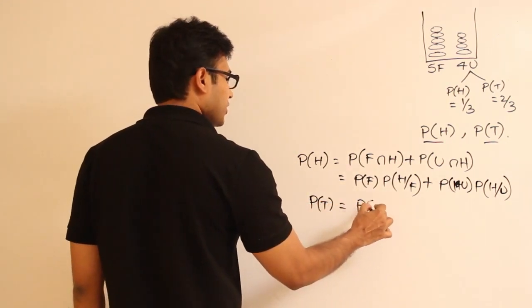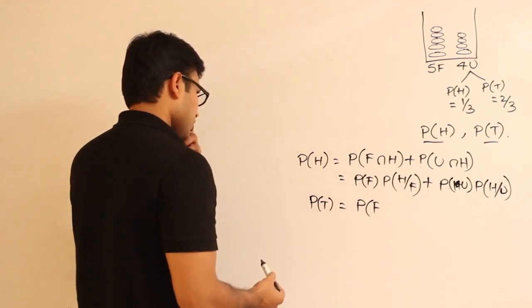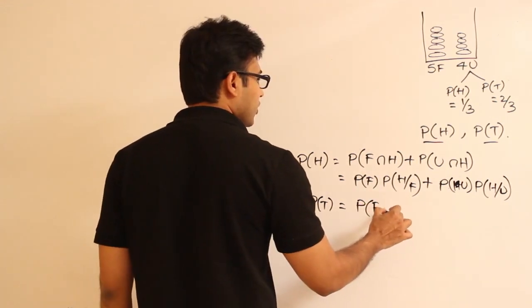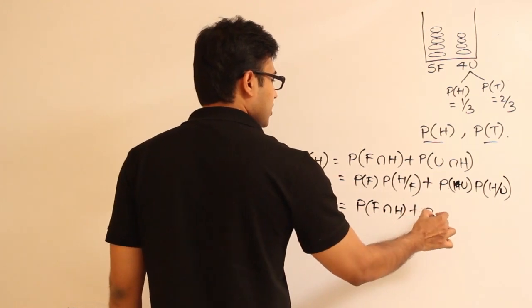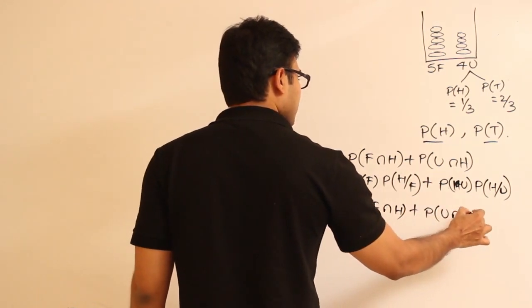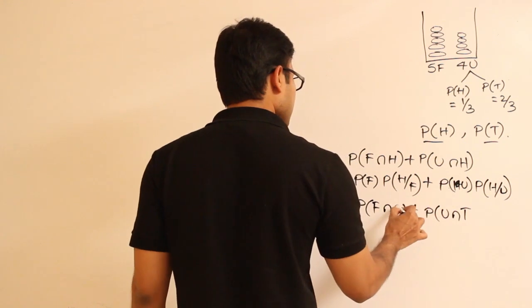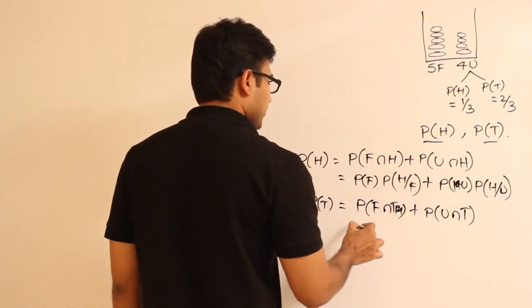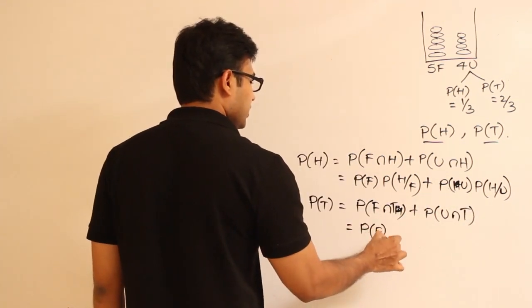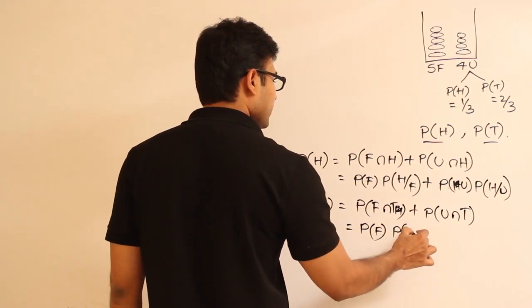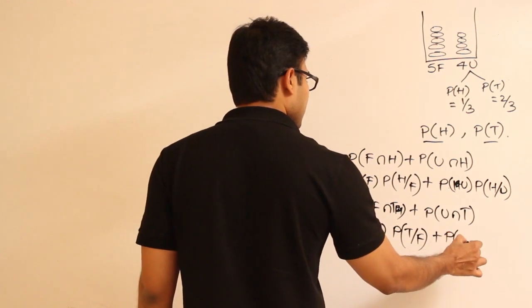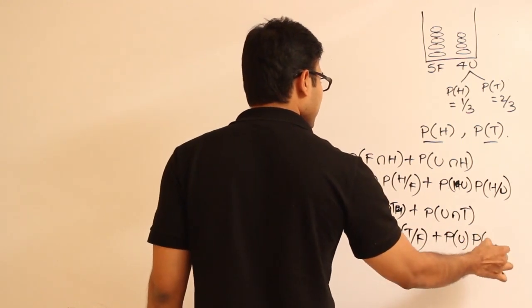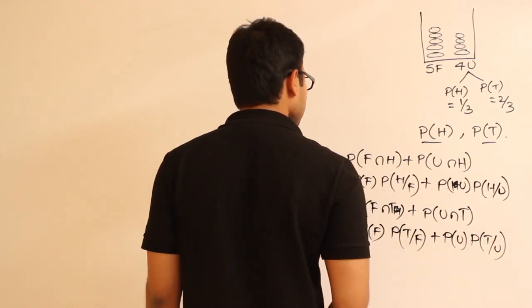Same thing: it depends on the probability of getting a fair coin and a tail, plus getting an unfair coin and a tail, which is nothing but the probability of getting a fair coin times the probability of getting a tail when that fair coin is flipped, plus the probability of getting an unfair coin times the probability of getting a tail when that unfair coin is flipped.